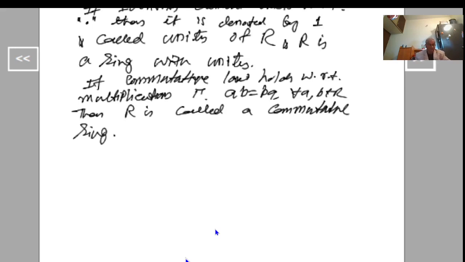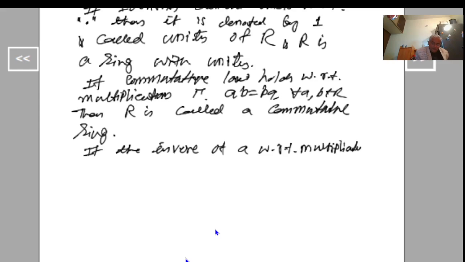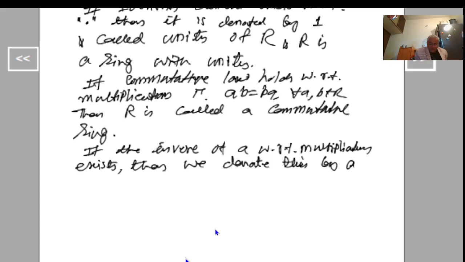So if the inverse of A with respect to multiplication exists, then we denote this by a power of minus 1.